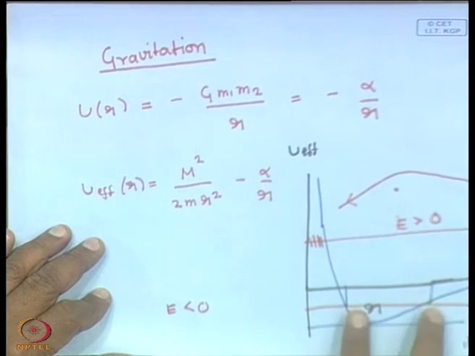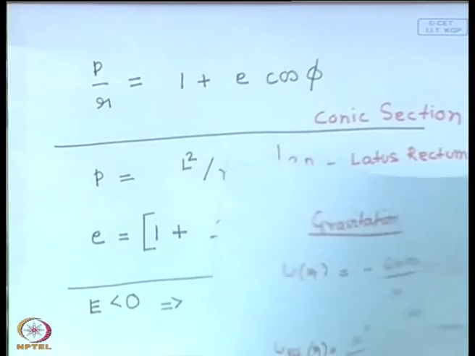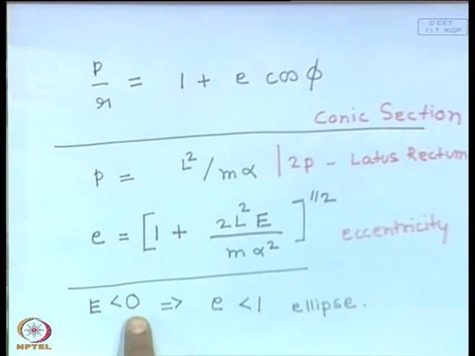So, the motion in R here is a one dimensional motion with an effective potential given by this. We see that for positive energies, the particle comes from infinity to a finite distance and then goes back, but for negative energies there will be bound orbits, restricted within these two values of R. This is also what we see over here. If the energy is negative, the orbit is going to be an ellipse, which is a bound orbit. The value of R is going to vary between R1 and R2.